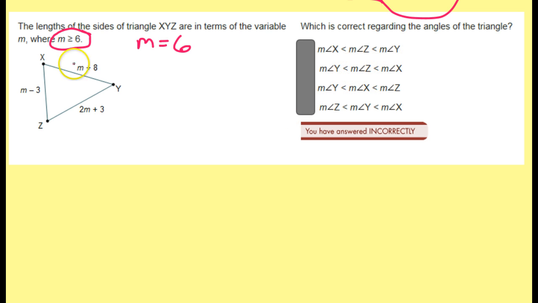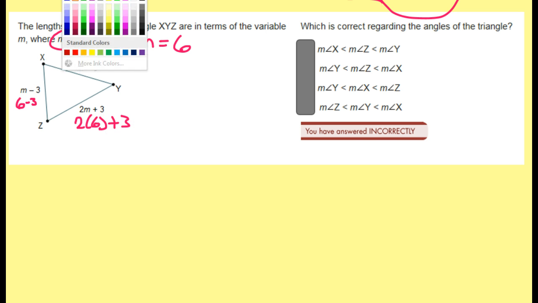You know, if angle X is the biggest, it should be the biggest no matter what size I make m. So let's go with the smallest it could be, which is 6, and plug that in and see what we get. So this over here is 6 minus 3, and this would be 6 plus 8, and this would be 2 times 6 plus 3.